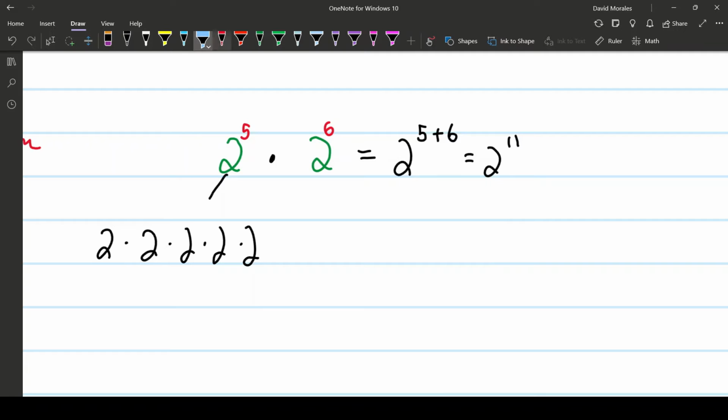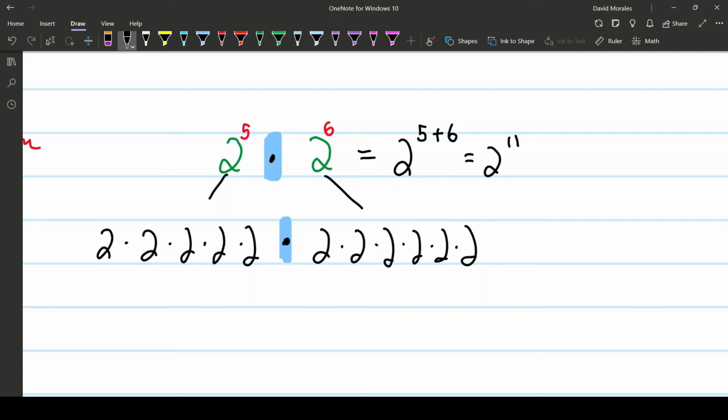Now, if you see this multiplying thing here in the middle, that's what's between 2 to the 5 and 2 to the 6. 2 to the 6 is the same thing, except I have 6 2's multiplying each other. That's what 2 to the 6 means. So can you see how we just end up adding them?